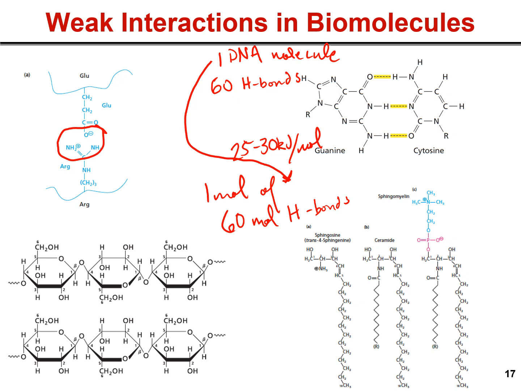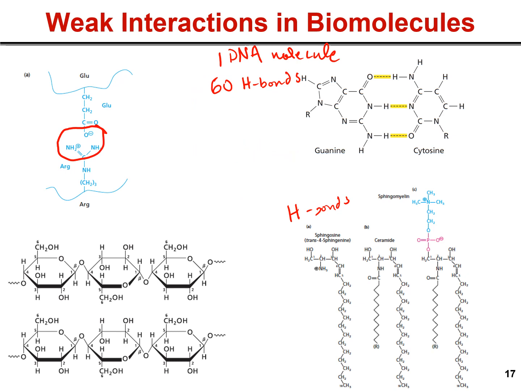So it's going to take 60 times 25 to 30 kilojoules in order to break all those hydrogen bonds. So this goes back to individual bonds are not strong. They are relatively strong to one another. You know, a charge-charge interaction is stronger than a hydrogen bond interaction, but if you have a mole of hydrogen bonds, that's even stronger.